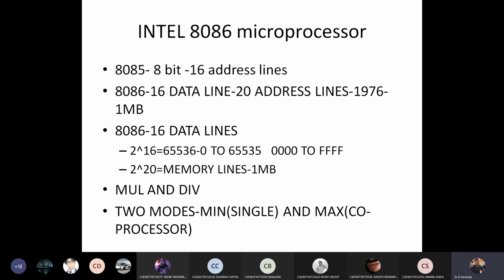If you are talking about the Intel 8086 microprocessor, all the students should take one book and write all these features in that book.